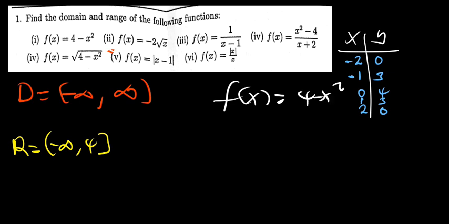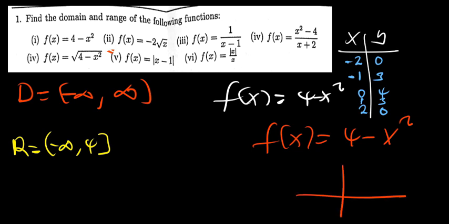I want to find the range. So you check the term having x. In front of x squared there is a negative. What comes to your mind when you say that in front of x squared there is a negative? What comes to your mind is that the graph has to come like this.